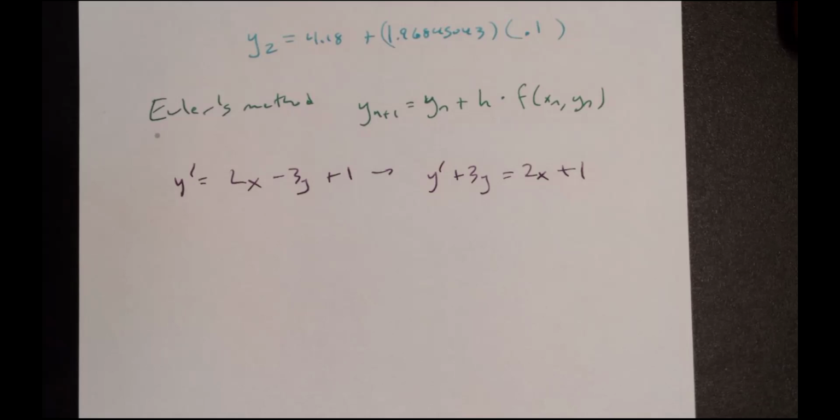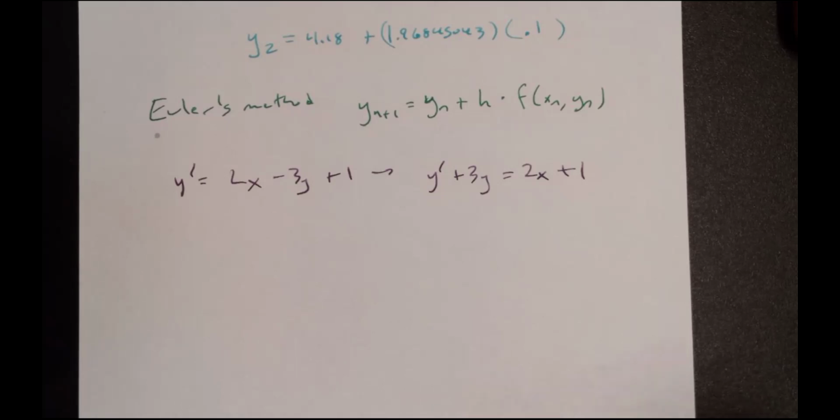That turned into something I know what to do with, because that one's linear. y prime plus p times y equals some function of x. That's a form I recognize. I know how to do this one. Which means I could actually solve it. And then at each and every step of the way, I could tell you how far off my tangent line was, because I would know the actual solution.